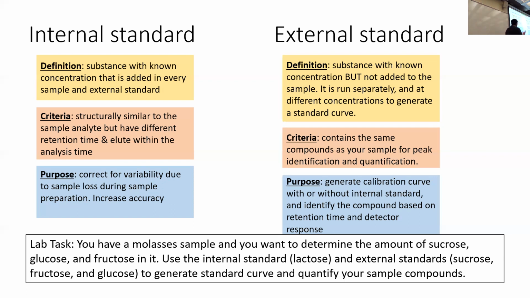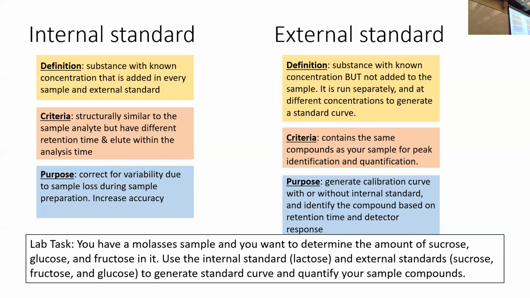So in a lab task, you have a molasses sample and you want to determine the sucrose, glucose, and fructose naturally occurring in your molasses. For your internal standard, you choose another disaccharide, lactose, that is not present in your sample. It's a milk, a dairy sugar. So you use that as an internal standard. It's not going to co-elute with any of your compounds.